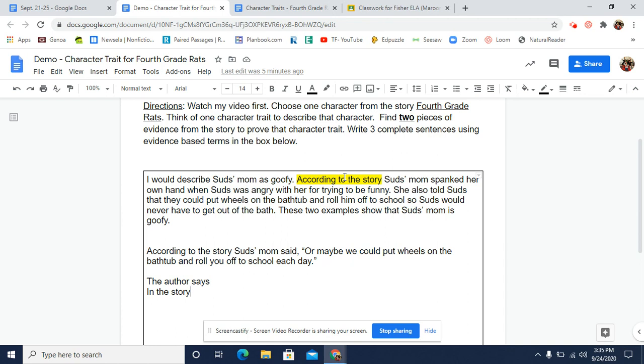Right. And so in the story, he yells at her and says, I keep telling you it's not funny. And so she spanks her own hand, like she's giving herself a spanking, like she's a bad girl, right? So I said, according to the story, Suds's mom spanked her own hand when Suds was angry with her for trying to be funny. So that's one example why I feel she's goofy.